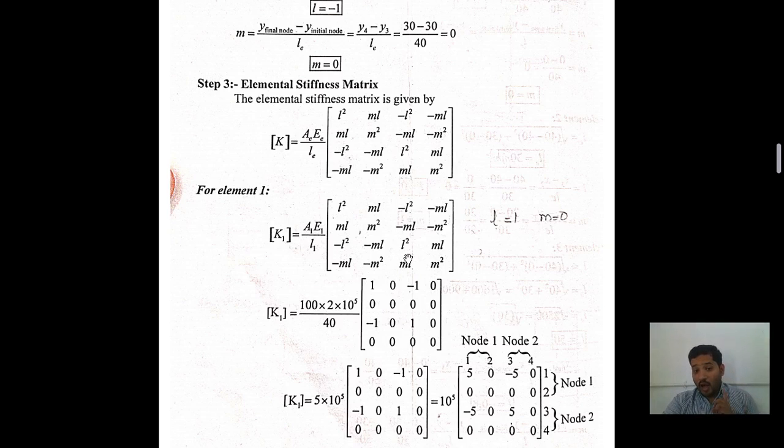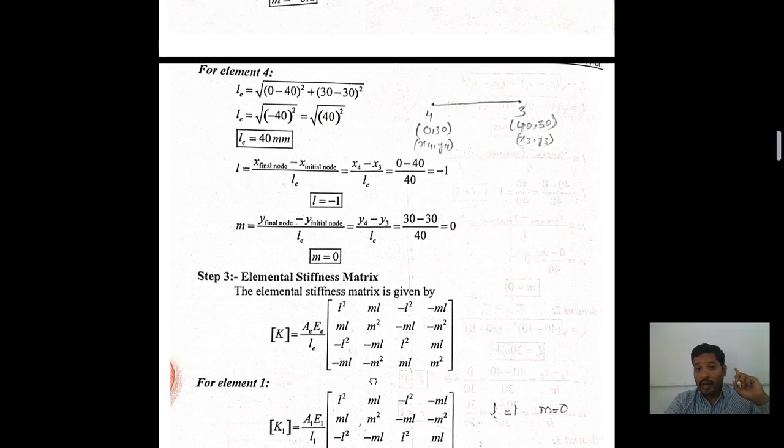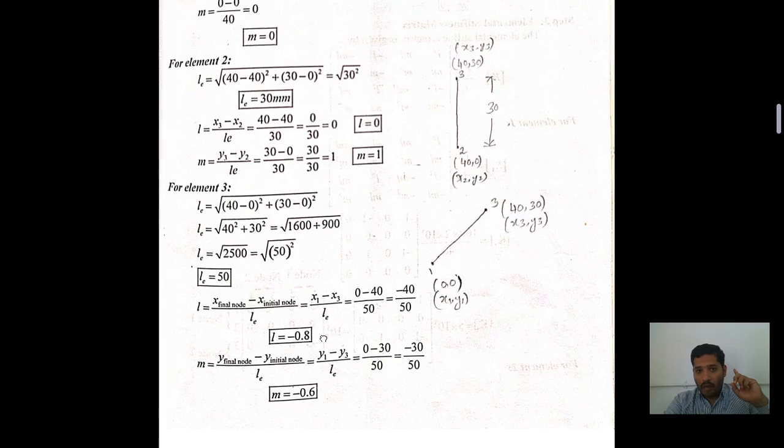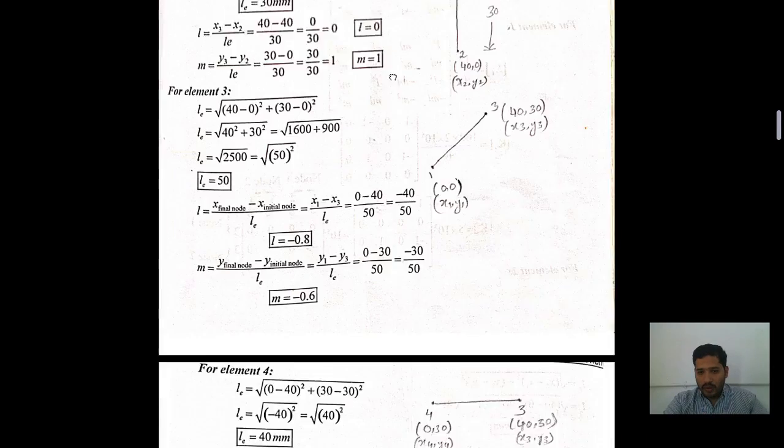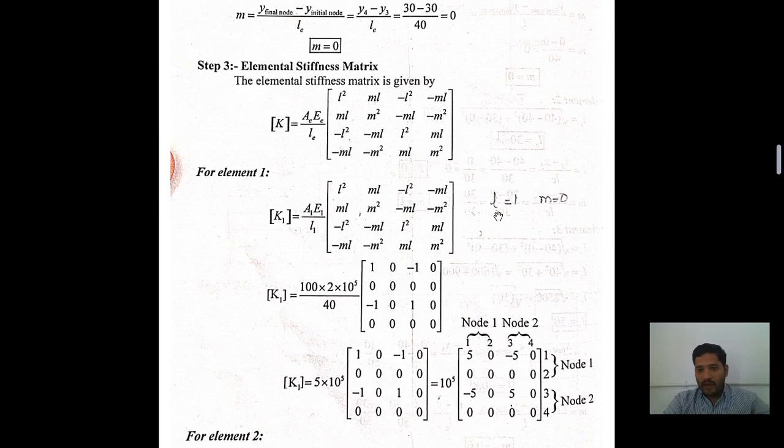Always remember to go to the table above. For element number 1, L value is 1, M value is 0. I hope no one is having a doubt.